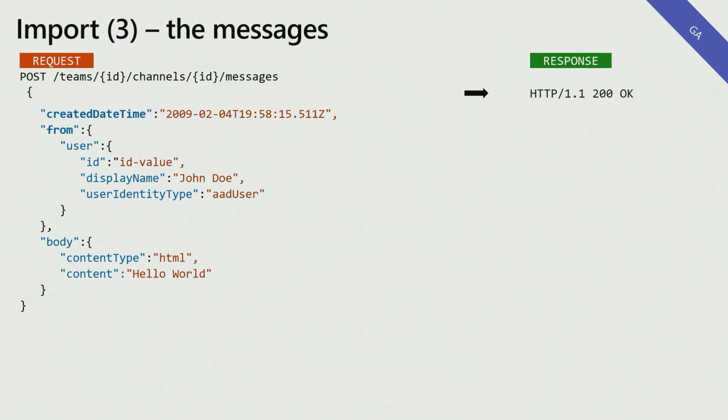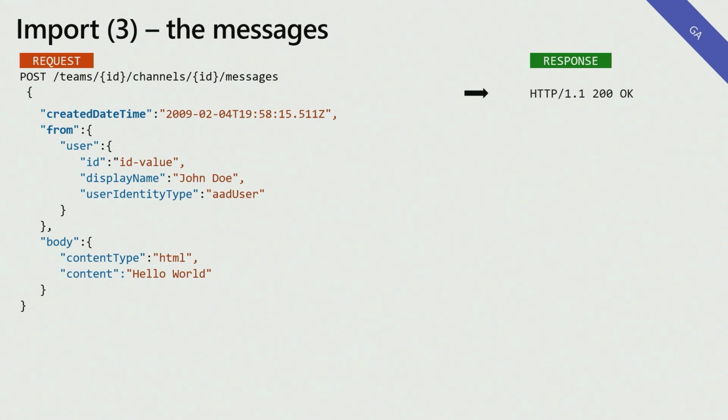Similarly, you can specify any user you want as this message coming from. So this message came from John Doe. John Doe probably doesn't even work at this company anymore. He doesn't have an Azure Active Directory account in our tenant. And yet you can still send a message from him. So that's how powerful the migration APIs are.